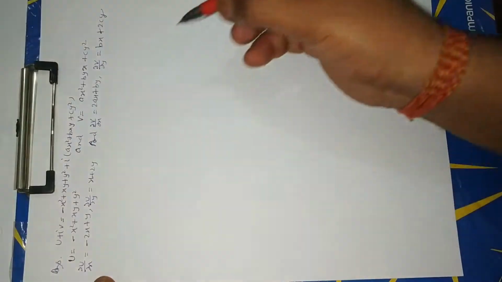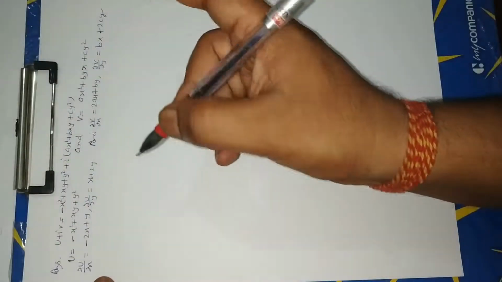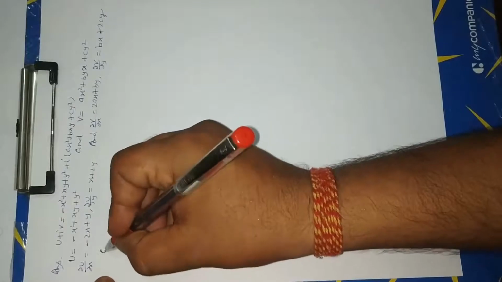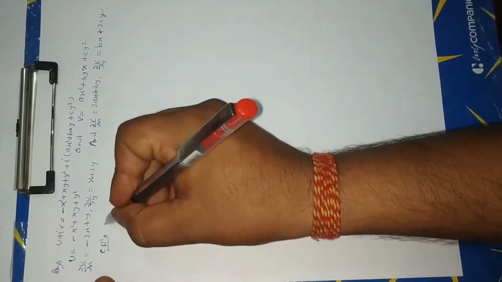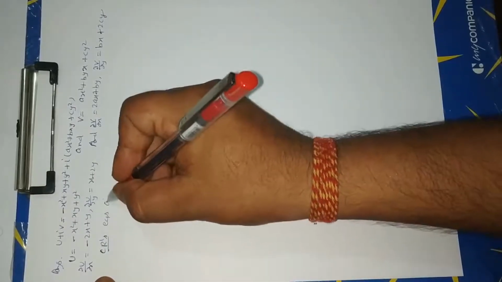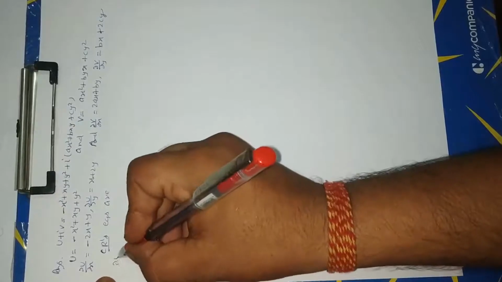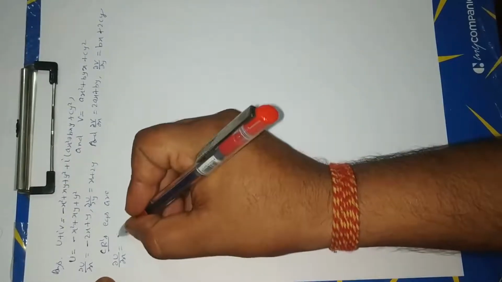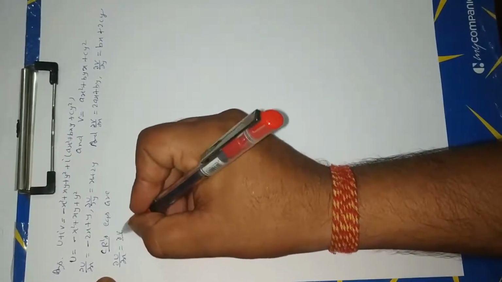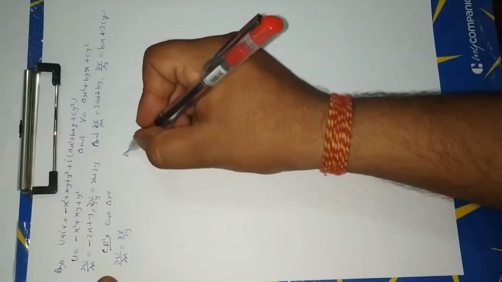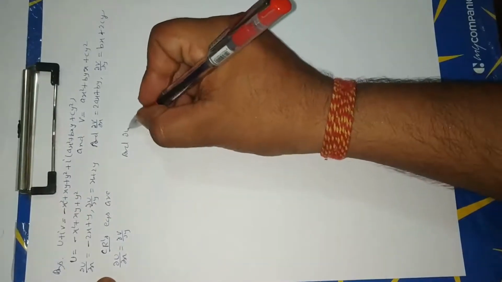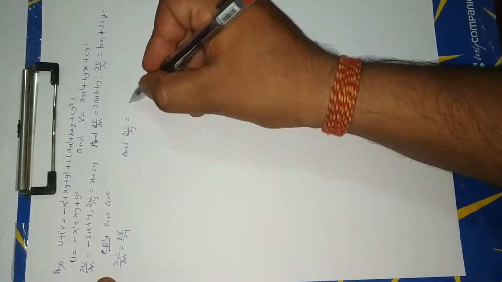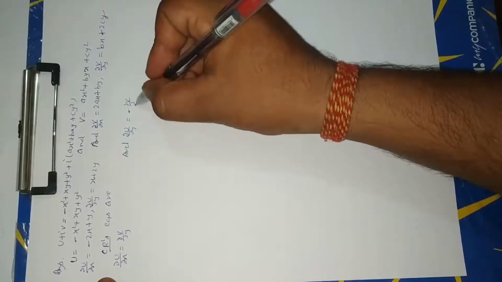Since the function is analytic, the CR equations will hold. So the CR equations are del u upon del x equal to del v upon del y, and del u upon del y equal to minus del v upon del x.